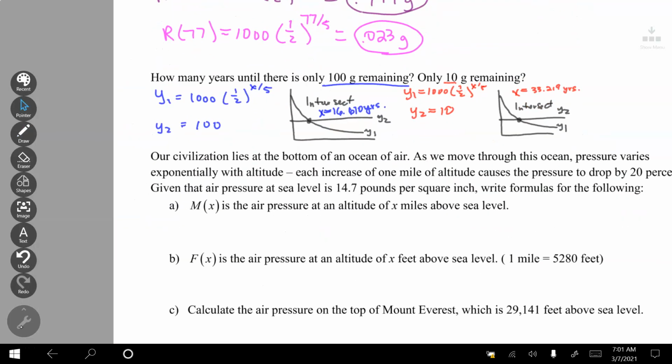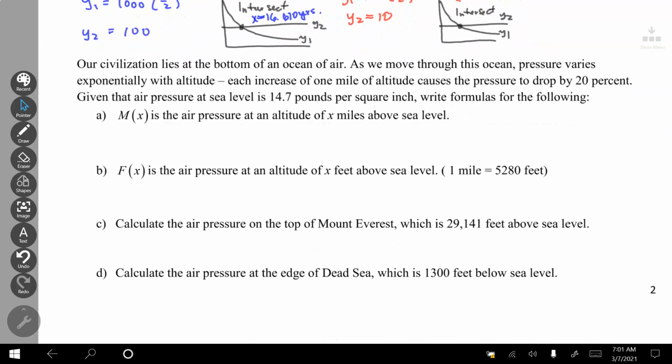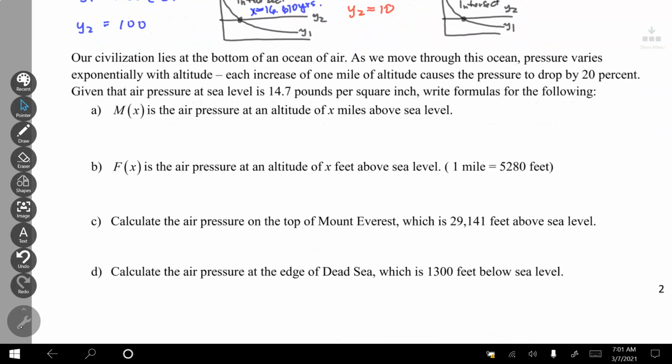Okay, so how can we write different models depending on what we have? Basically, I'm making a joke here. We live in an ocean of air. We do. And air pressure varies based on altitude. For each increase of 1 mile, we lose 20%.